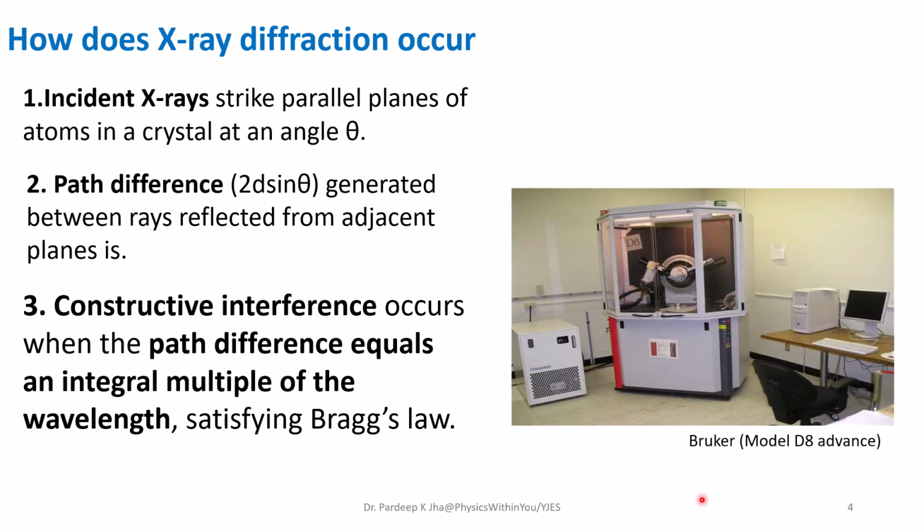There are so many machines, Rigaku itself. Here I have shown the Bruker one, the model D8. You can see there is a chamber which is almost evacuated. There is an electron gun which bombards some target material, let's say copper.